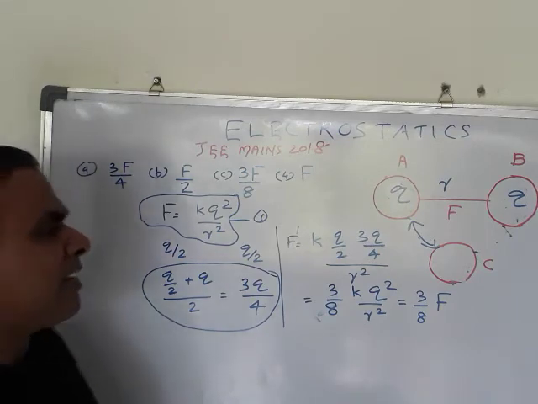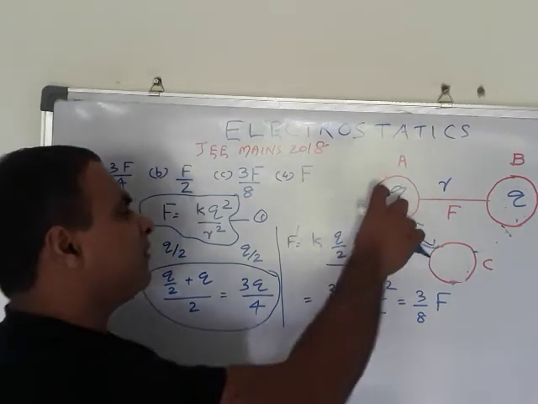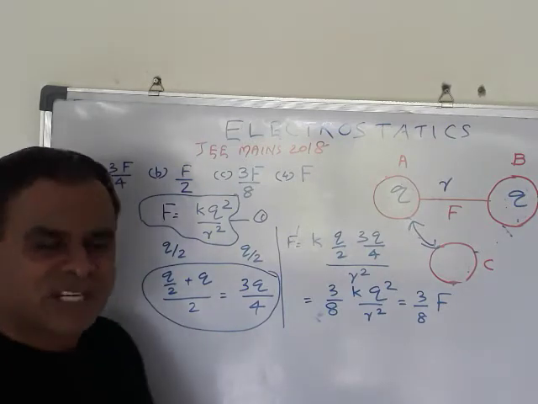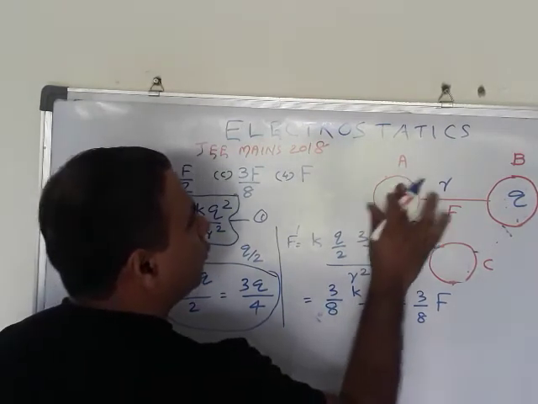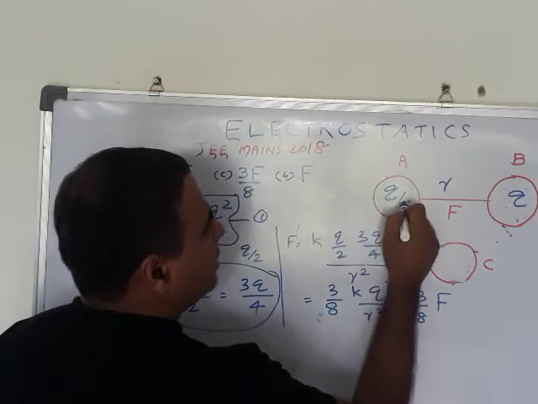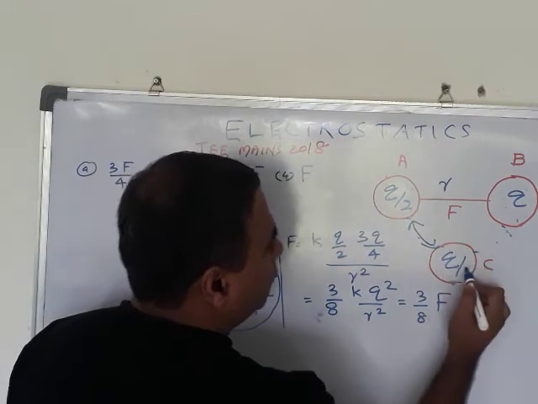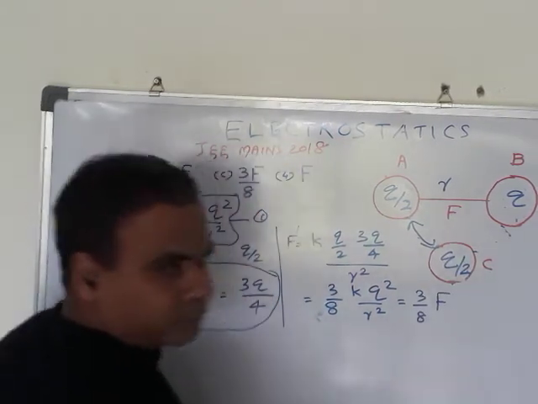Now we are bringing C in contact with A. We said the charge will be equally shared. So this Q will be equally shared between A and C. So Q by 2, Q by 2.